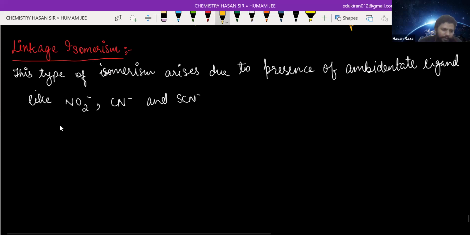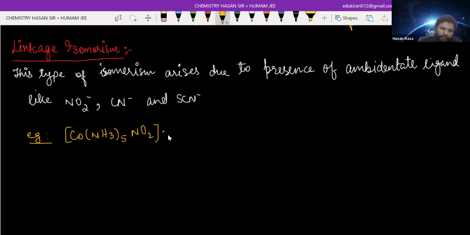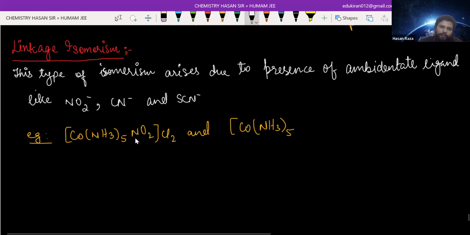Now you can see that, for example, we can take Co(NH3)5NO2 and Cl2. So write Co(NH3)5NO2. That means here the donor is nitrogen.